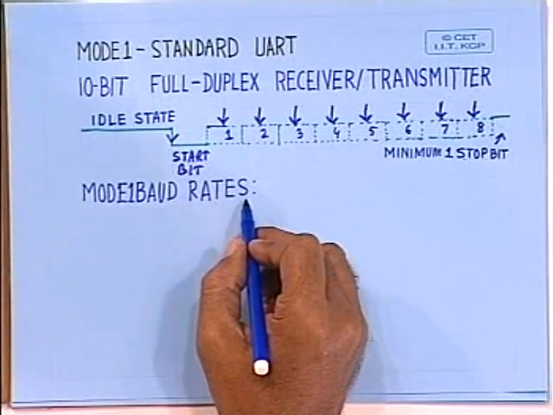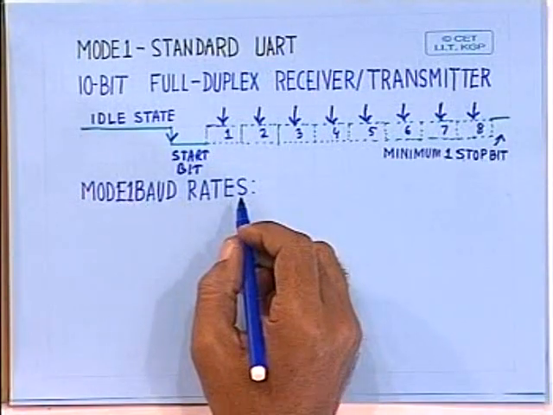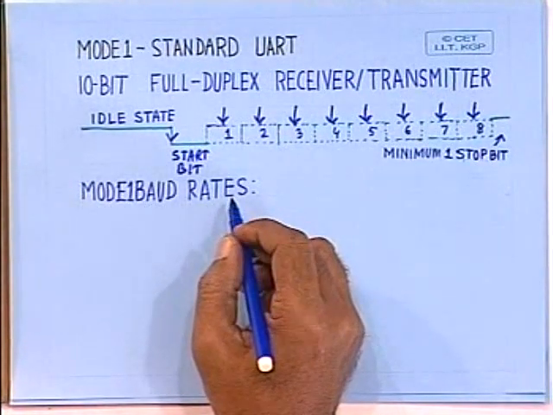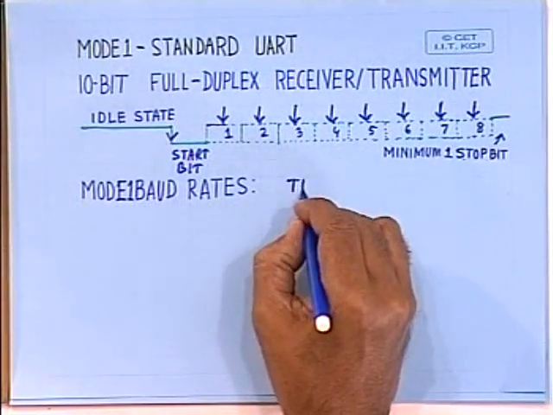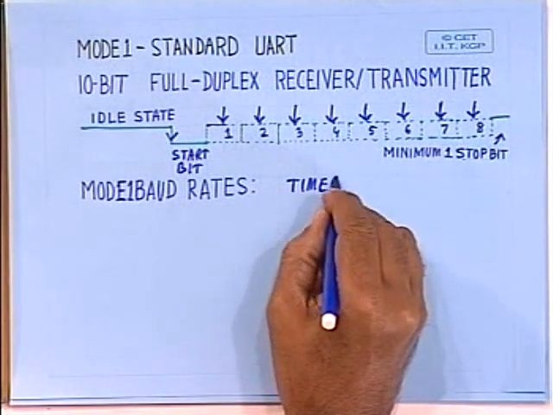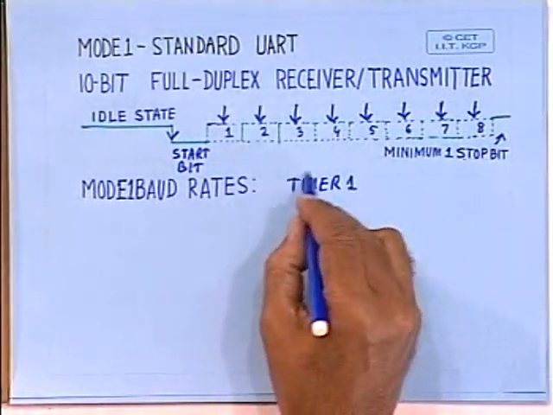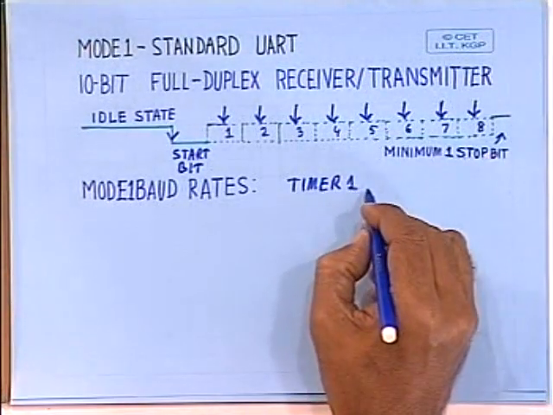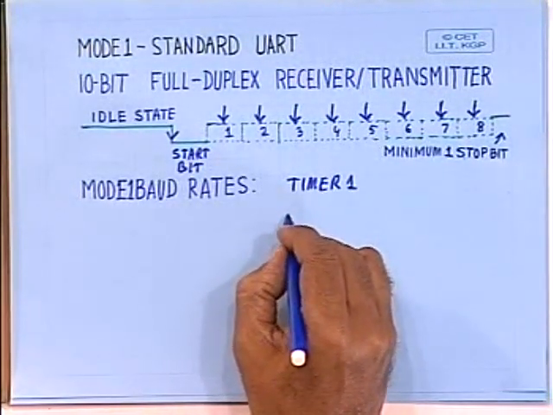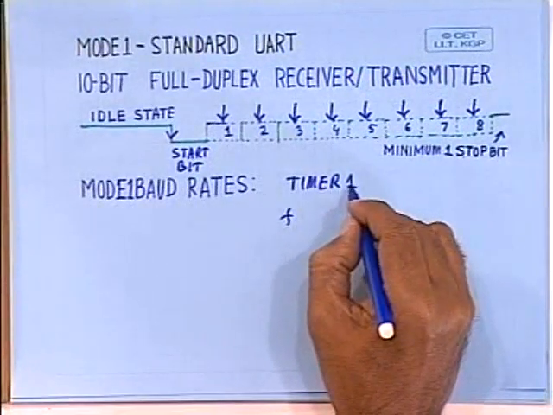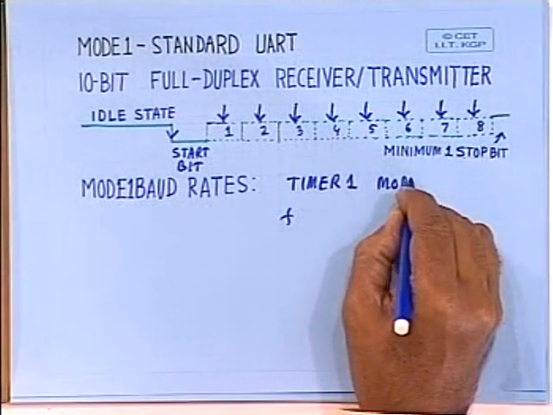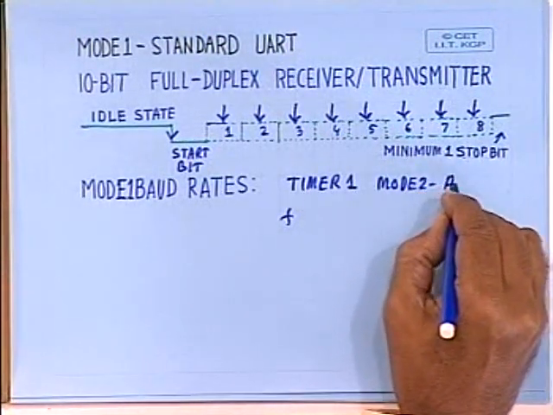And the baud rate that is possible in this case is programmable. You can have programmable baud rate, and timer 1, I have explained the operation of timer 1. Timer 1 is used for baud rate generation, and usually timer 1 is used in mode 2, that is your auto load.